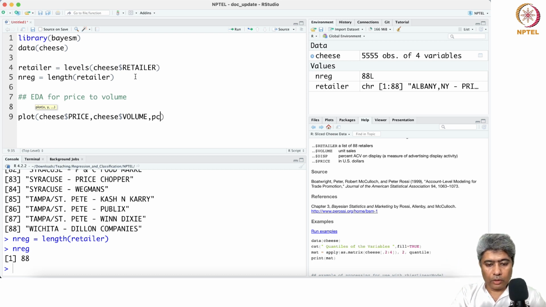With pch equal to 20 and color equal to sky blue.